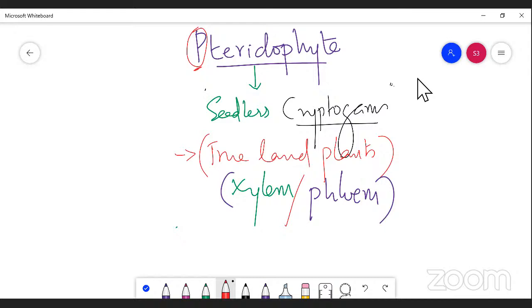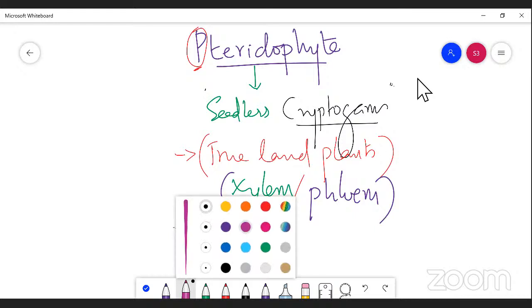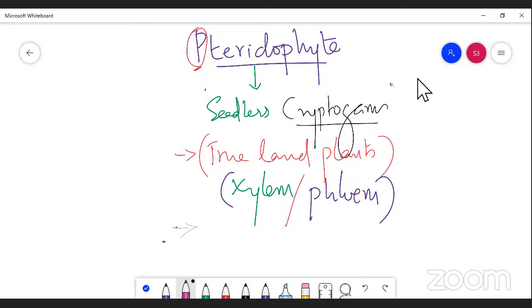Actually, these Pteridophyte members are true land vascular plants because xylem and phloem are well developed in the members, hence it is known as a vascular cryptogam.